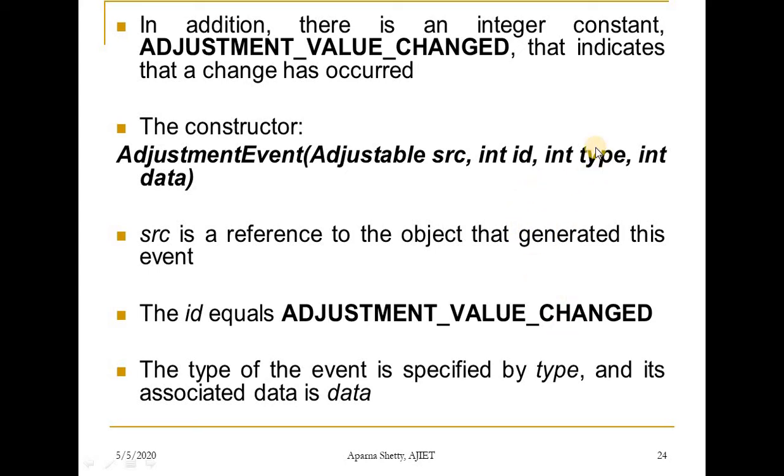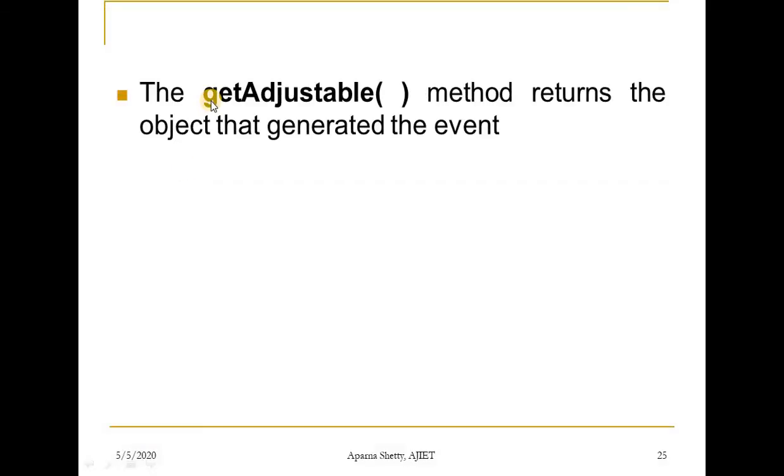And the type represents the type of the event and its associated data is represented by the data parameter. Next, we have one method here, the getAdjustable method, that returns the object that generated the event. The getAdjustable method returns the object which generated the event.